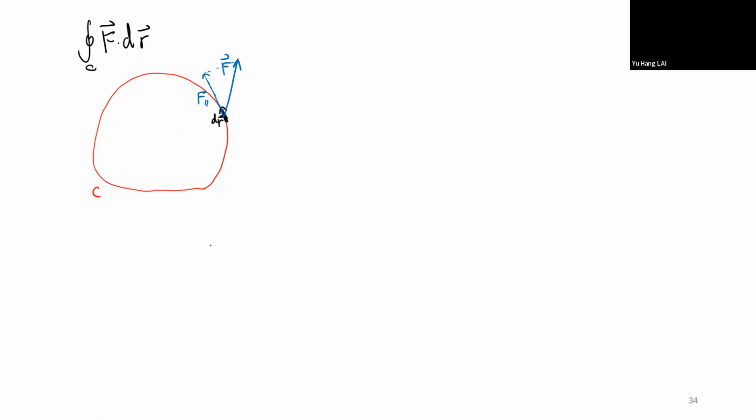So that means when you do this line integral, your f dot dr is just basically the magnitude of your tangential component times the length of the dr. So what we are going to consider next is the other component, which I'll call the normal component.